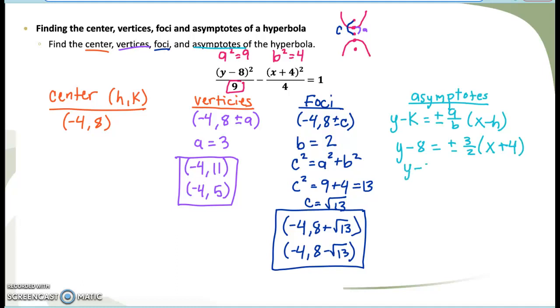I'm going to add 8 to both sides. So I get y equals a positive 3/2 times (x plus 4) plus 8, or y equals negative 3/2 times (x plus 4) plus 8.